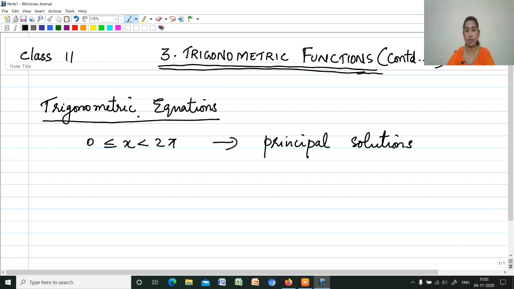After solving trigonometric equations, if we get solutions between 0 and 2 pi, we call them principal solutions. Then all the complete solutions we call the general solution. That will be in terms of n, so generally we write all solutions in terms of n.